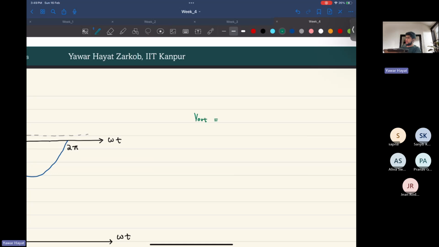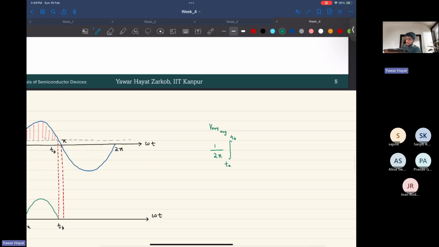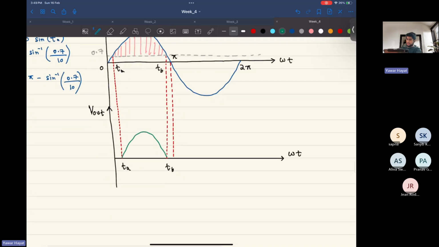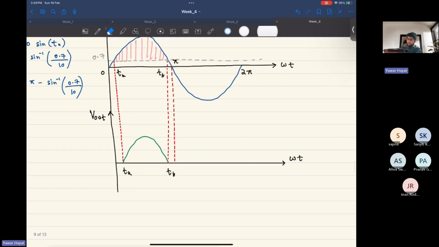Your V out average is equal to 1 over 2 pi, integral from TA to TB, and this is clipped by 0.7.